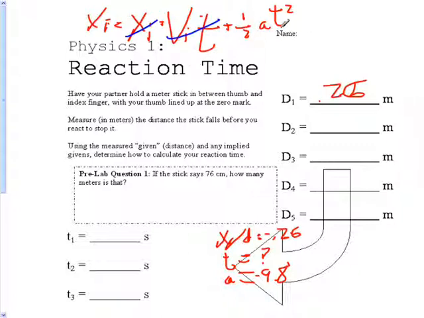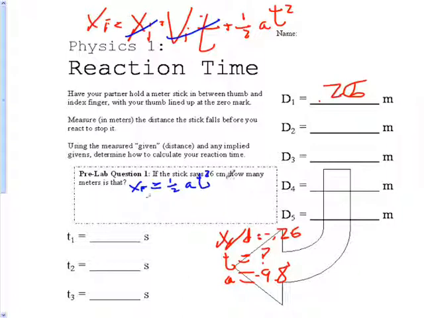Okay, so then you have to do some algebra. All right, I'm looking for t, and I have xf equals 1/2 at squared. Here's how we do our algebra again in case you forgot. I need to get t by itself, so I'm going to multiply the 1/2 by 2 to cancel everything out there.